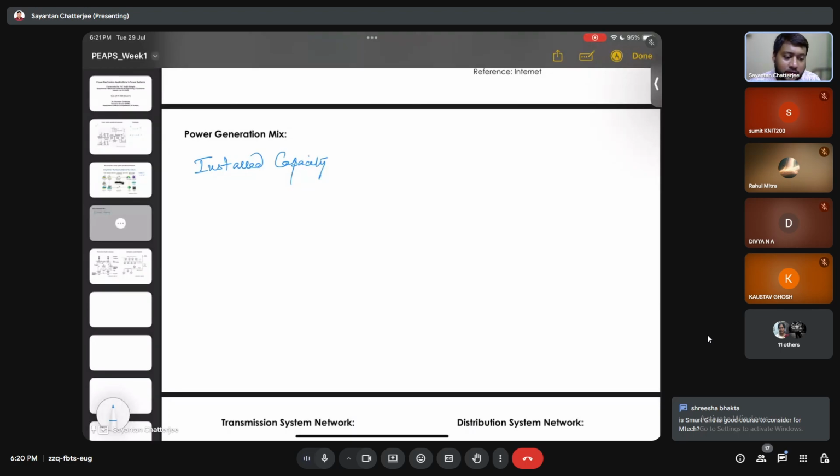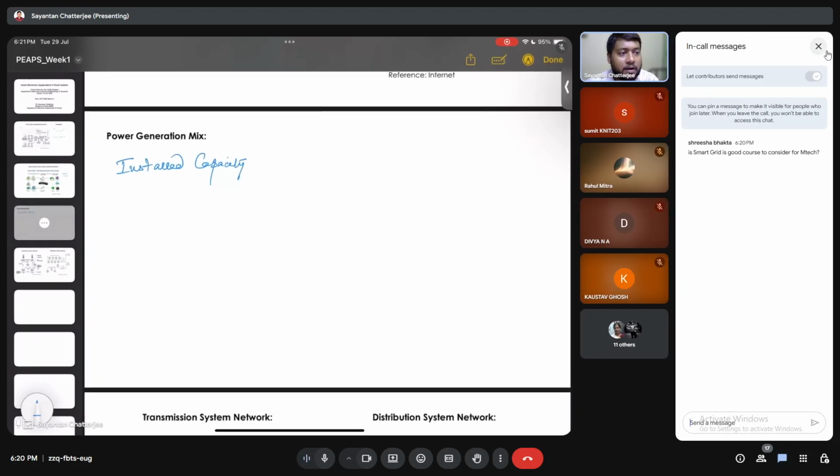Yes, smart grid is the trending course. You can have a very good overview of the IT side as well as the OT side. The main aim is that the operation technology already exists in the power system, and people are quite aware of these things.